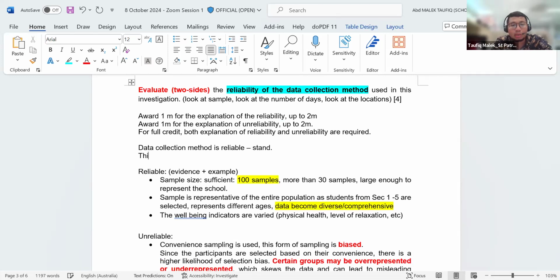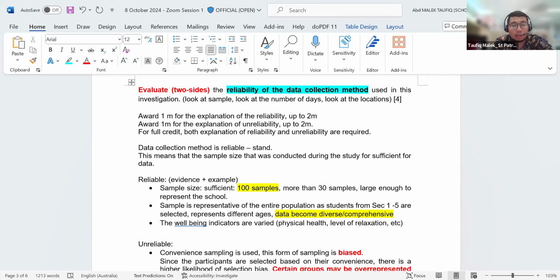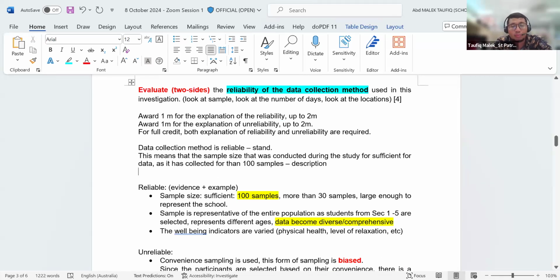Then followed by description: this means that the sample size that was conducted during the study was sufficient for data as it has collected more than 100 samples. So I provide a description, right? A brief description. Then I continue with my evidence.